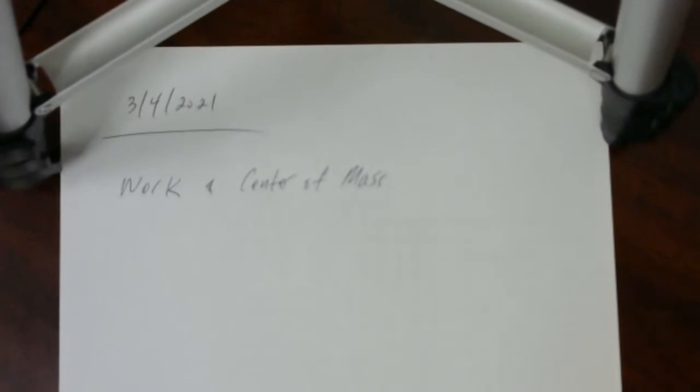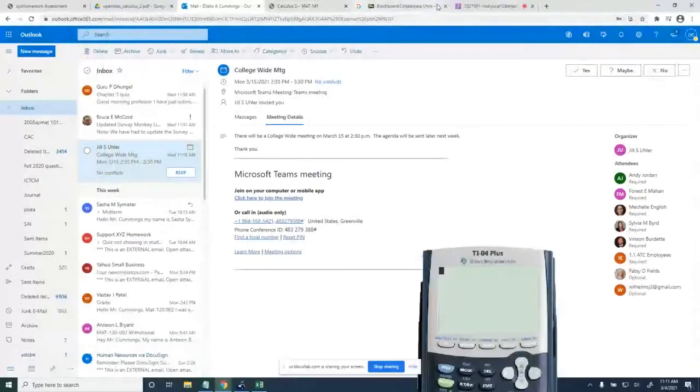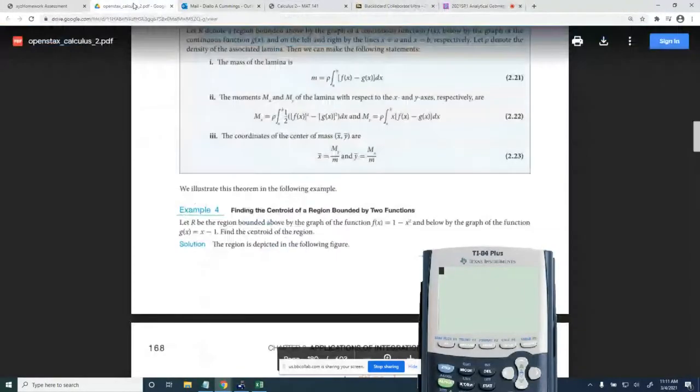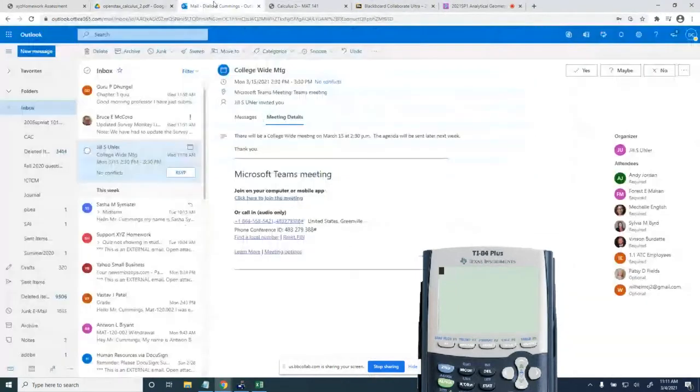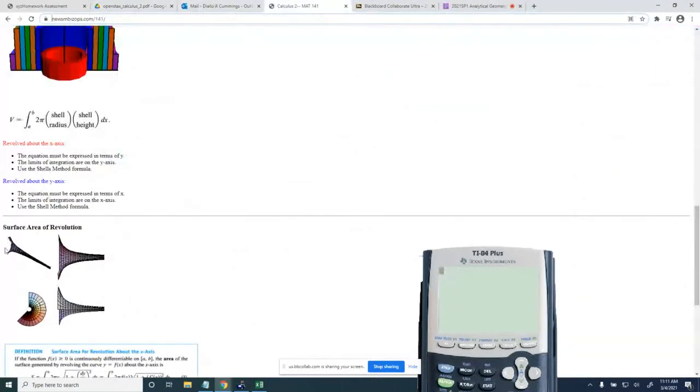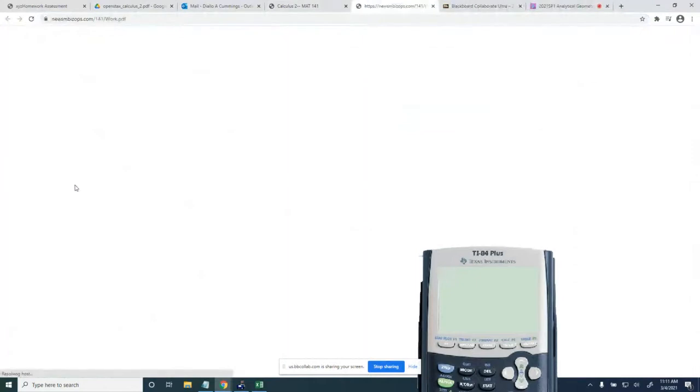And I'm going to switch to the shared screen. Okay, and I'm going to bring up the set of notes.